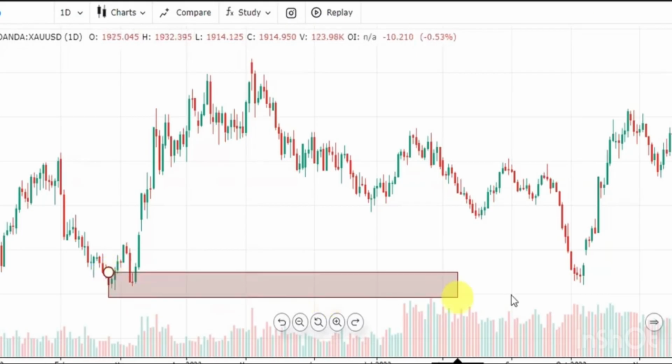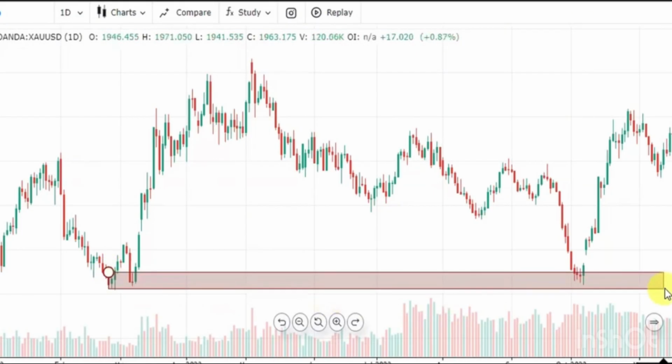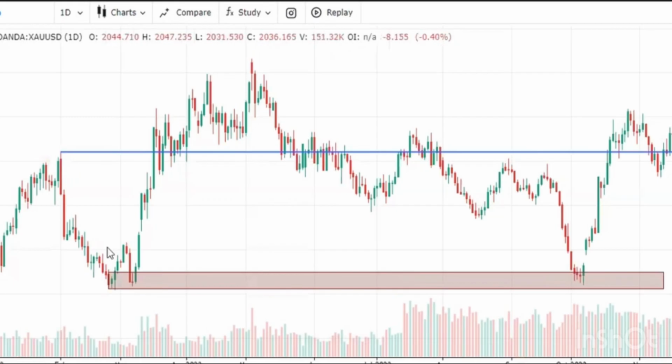Drag it out. What do you realize? Price tapped in right here, and it went off, right? Break of structure. You could say the break of structure. If you want to be precise and accurate, you say right here. You could say even right here as well.